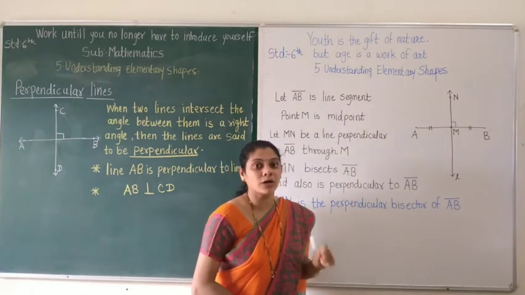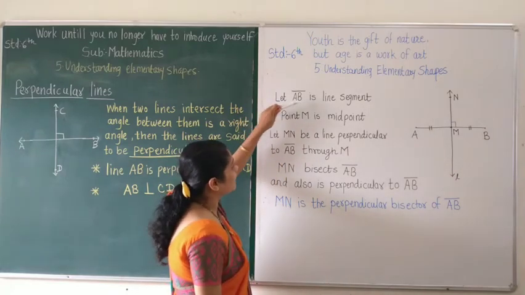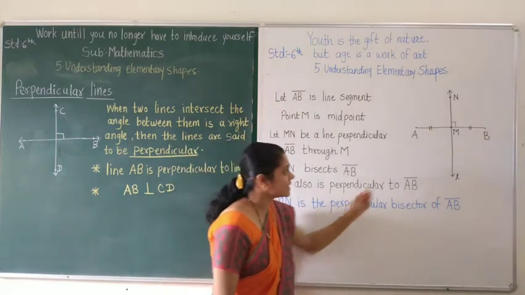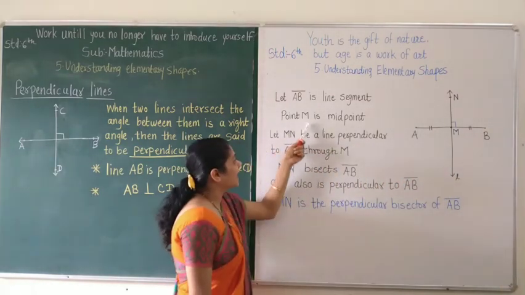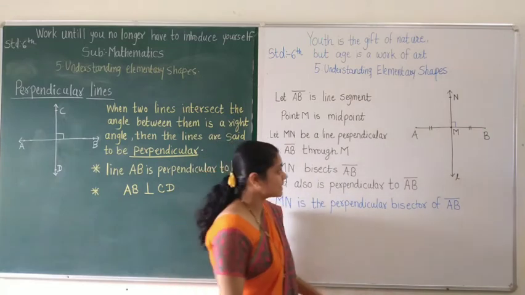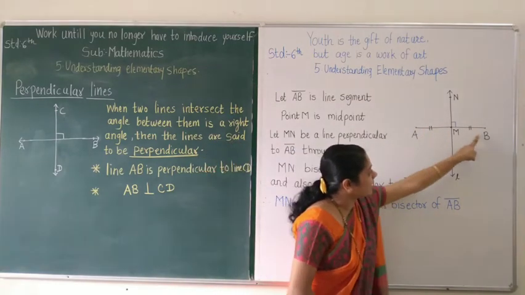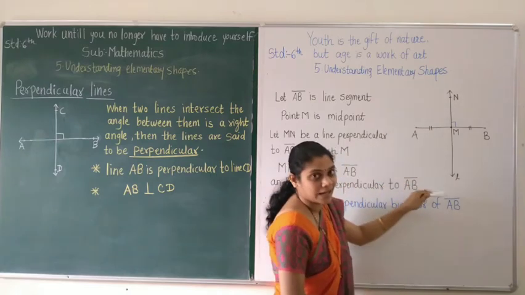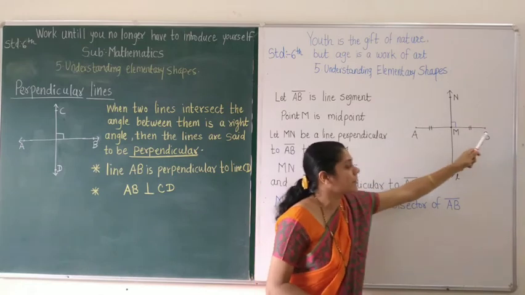Now we will read what we have written on the board. Let AB be a line segment. You can see this because it has two end points. Point M is the midpoint. Point M is the intersection point of line segment AB and line L, and because of this point, it makes two parts of line segment AB.